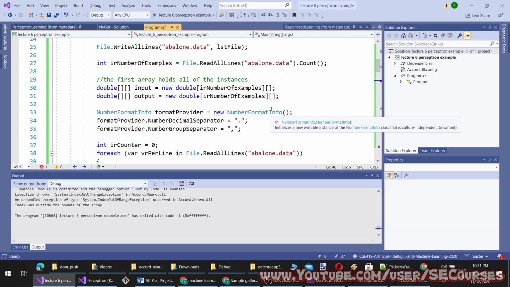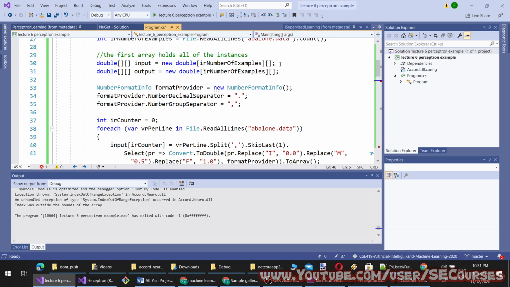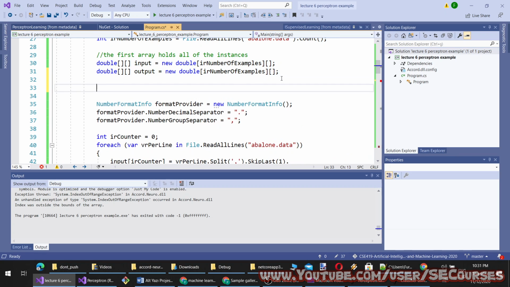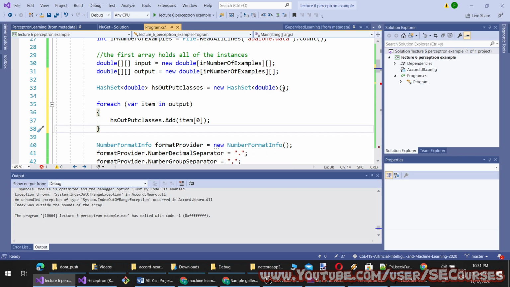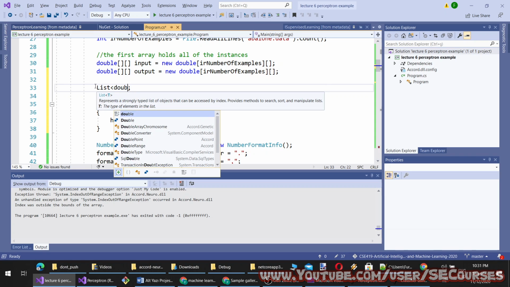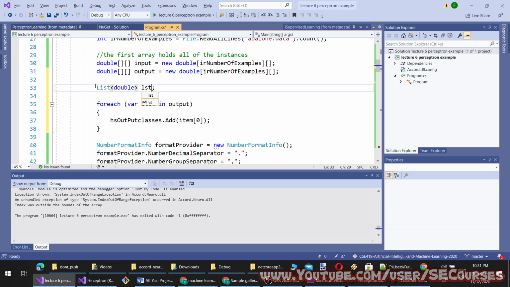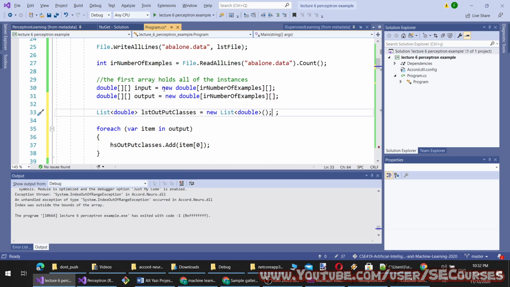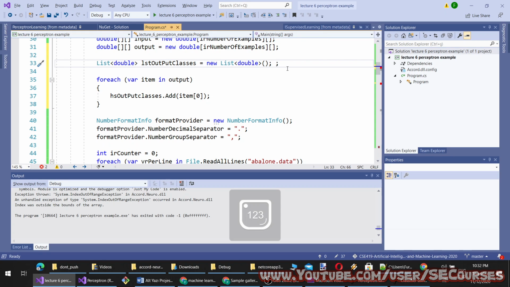Okay. So what we are going to do is we are changing the output assignment. How are we changing it? Output class and, okay.